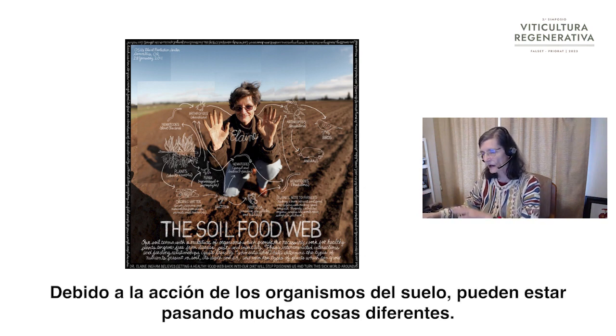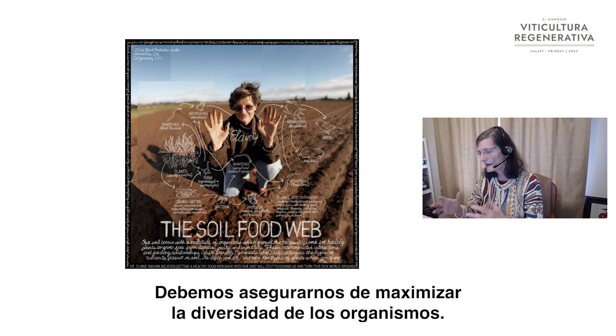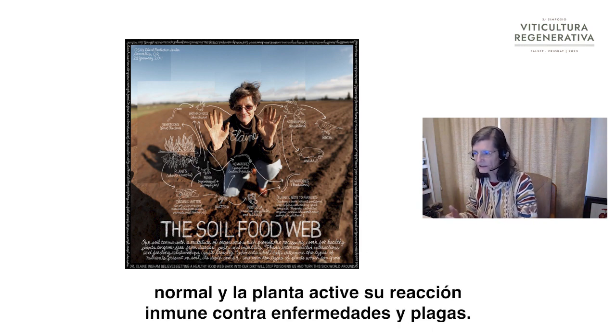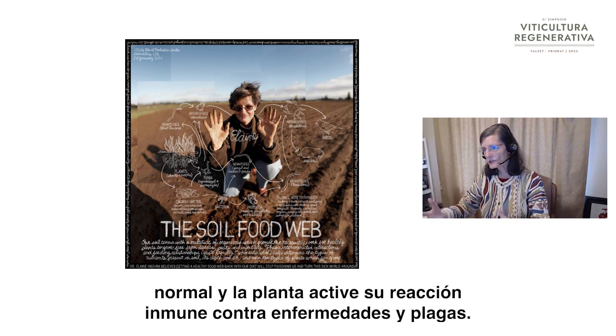Because of the actions of the organisms in the soil, very different things can be happening. We want to make certain that we maximize that diversity of organisms. We maximize the numbers of individuals, so normal nutrient cycling can get going, so that the plant will turn on its immune reaction against diseases and pests.